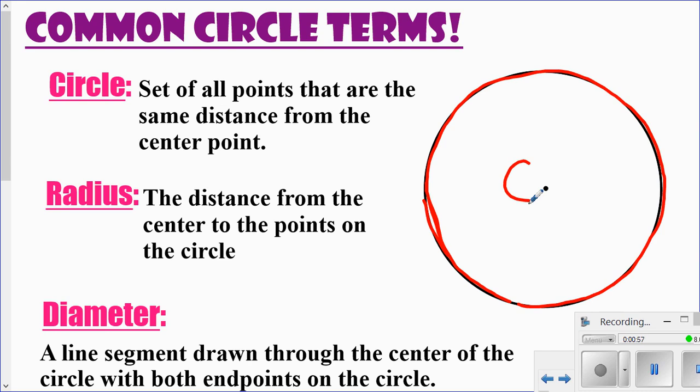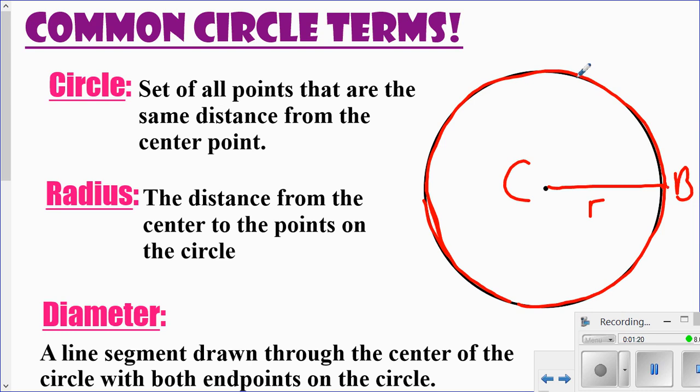Okay, so radius. Radius, I'm sure you've heard before, but this is a refresher. Radius is the distance from the center to the points on the circle. So I can draw a radius right there. That's the radius. We usually use R. And I'll just call that point B on the circle.